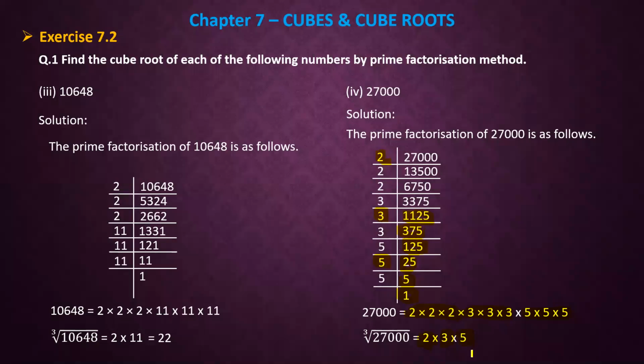Now just perform the multiplication of these 3 prime factors: 2 into 3 into 5. So 2 threes are 6 and 6 fives are 30. Therefore we can say that 27,000 is the cube of 30, or the cube root of 27,000 is 30.